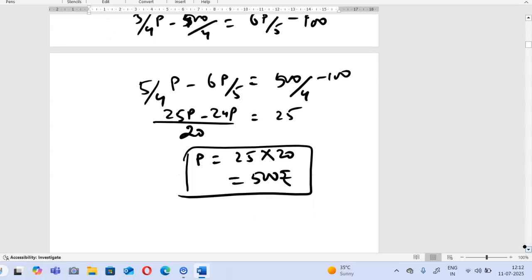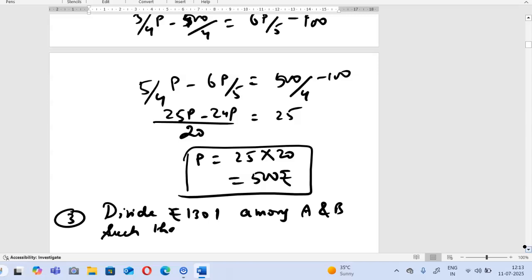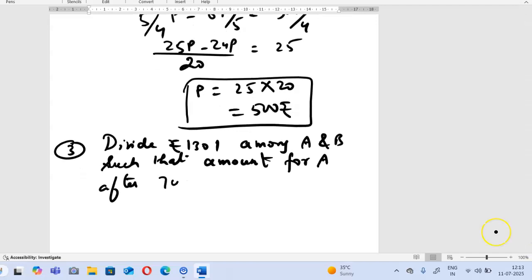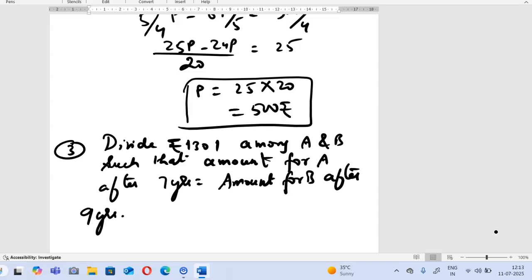Let's get to the third sum. Divide rupees 1301 among A and B such that the amount for A after 7 years equals the amount for B after 9 years.